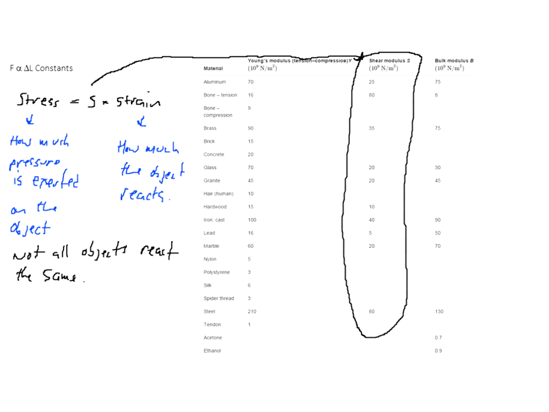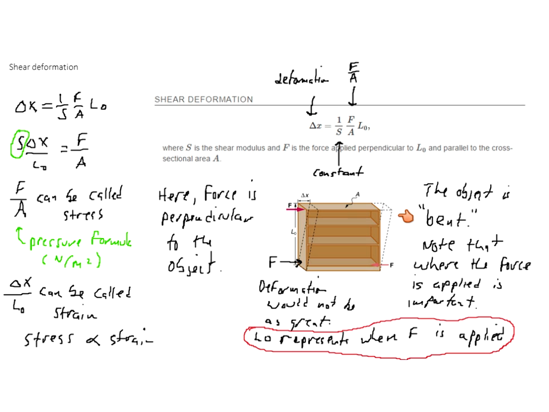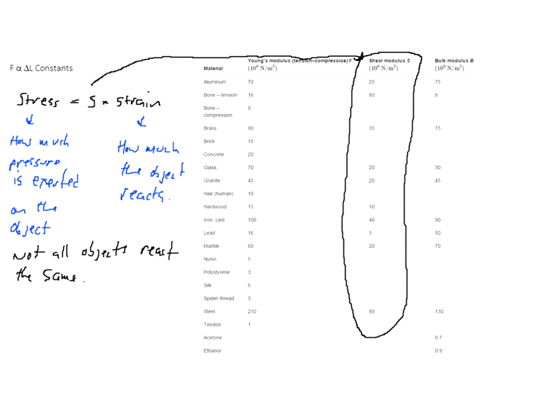And bending works well with a rod. Envisioning that, I don't know if you can say a bookcase like this bends, but my vocabulary is not very good, so I kind of think of it all as bending. But if we just look at the first two on the list, aluminum has a higher Young's modulus than bone, but bone has a higher shear modulus than aluminum.